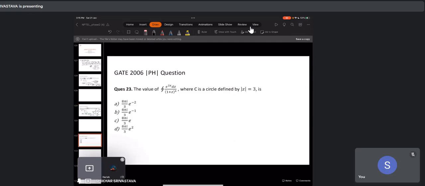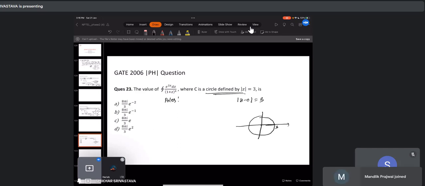Okay. Now this question I would ask you people to solve, it's simple only. So this also you have to first find the poles. First of all, just draw the diagram. So the circle is centered at 0. |z minus 0| is equal to 3. Its radius is 3. So it will be somewhere like this.